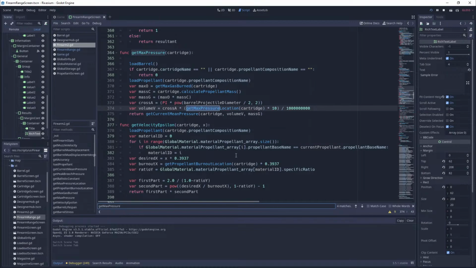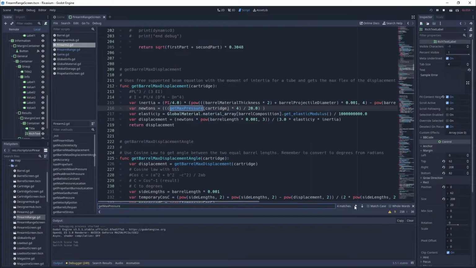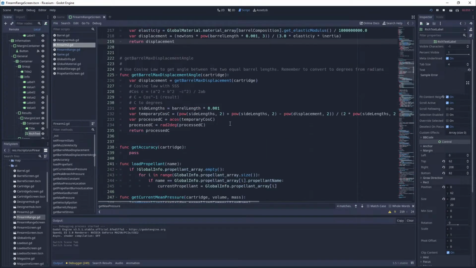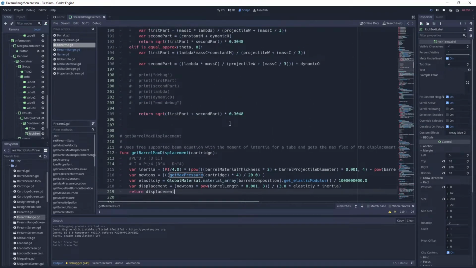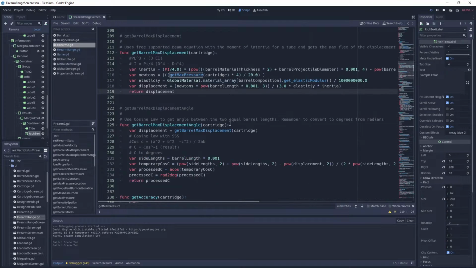Okay, so that's clearly not what we're using right now. We've used the wrong one. Alright, guys, we have been fooled. So we don't need this, so we need peak breach pressure with the cartridge. So this is what we want.